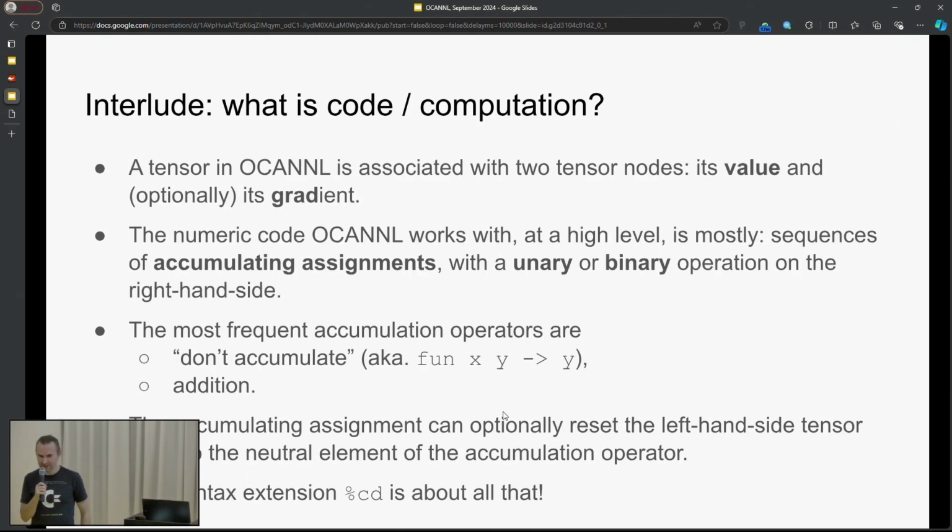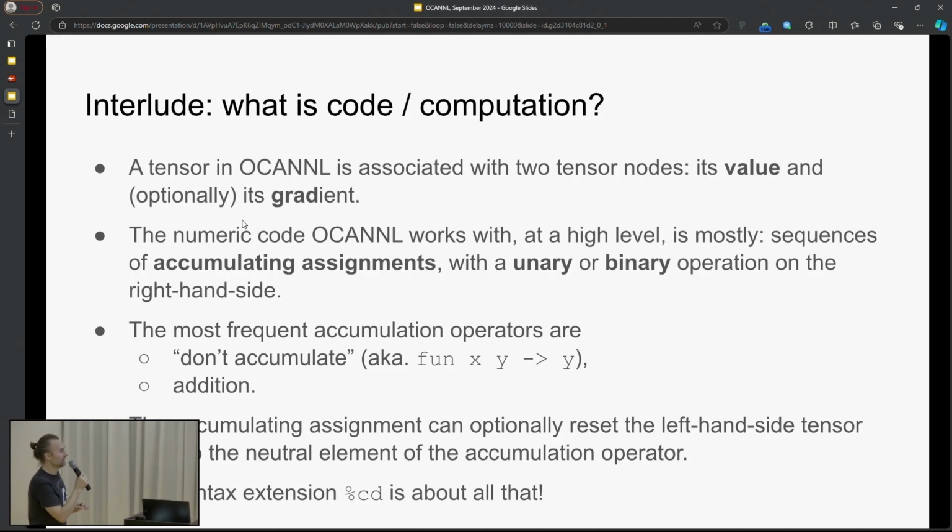A quick interlude about how computations, or code that's generated, is represented in OCANNL. So we have a sequence of assignments. These are accumulating assignments.